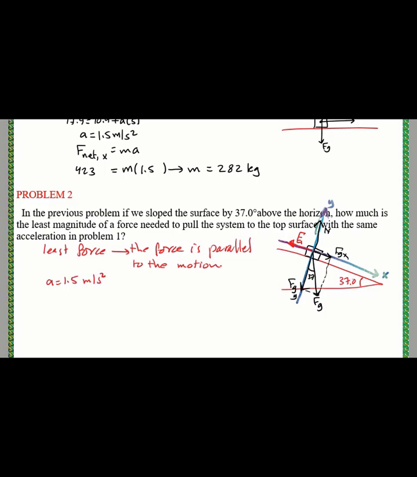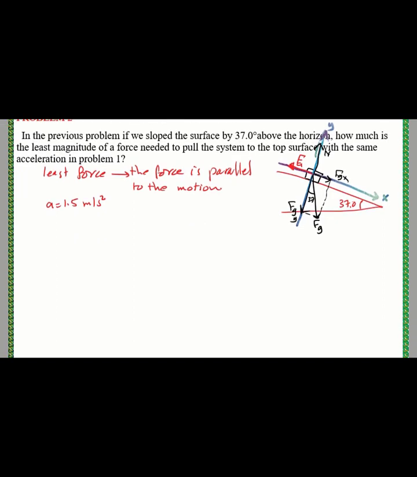Now again, we need to apply Newton's second law. F net on the x-axis equals m times a. On the x-axis, we have two forces, Fgx to the right and Fa to the left. So Fgx is positive and Fa is negative.